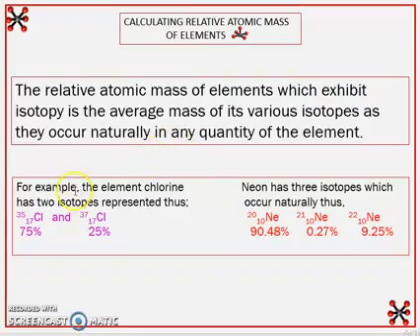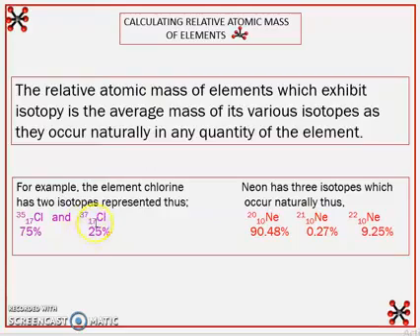So also, elements that have isotopes, these isotopes don't exist in the same quantity. Some are more than the others in quantity. For instance, isotopes of chlorine. If you have 100 atoms of chlorine in a sample, you will find out that about 75 atoms are chlorine 35, while about 25% is chlorine 37.